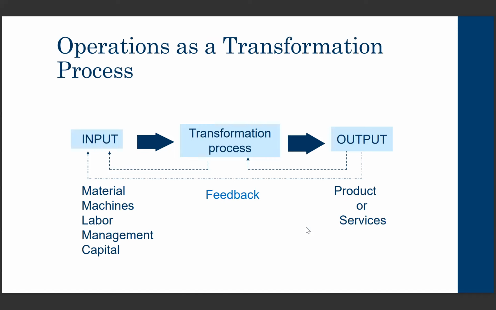And then operations as a transformation process, as we discussed earlier. It's a process of turning your inputs into outputs. With inputs such as materials, machines, labor, management, and capital, we do a transformation process in between and convert them into products or services.